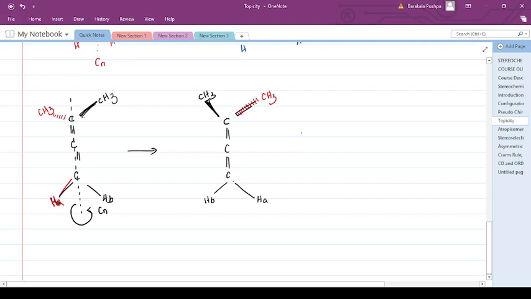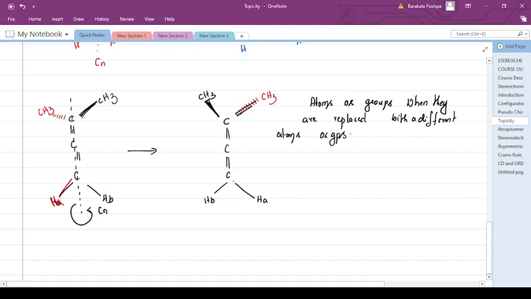Atoms or groups, when they are replaced with different atoms or groups that are not present in the molecule, give the same molecule.